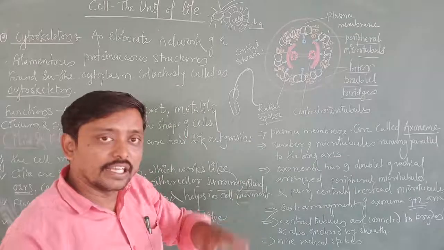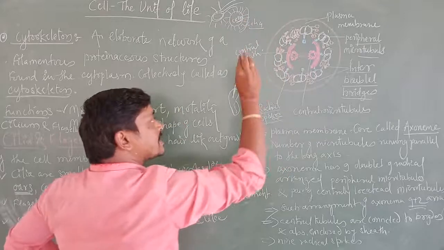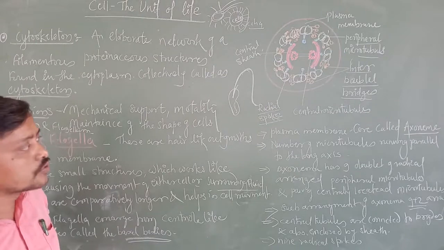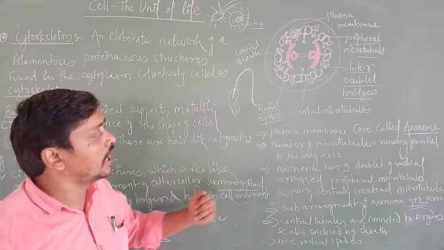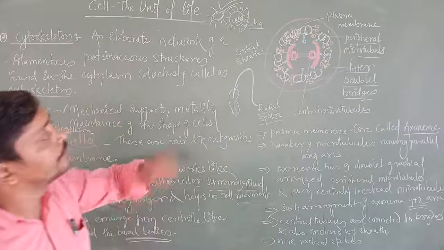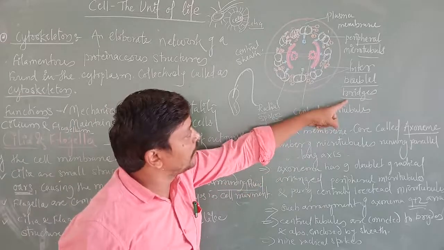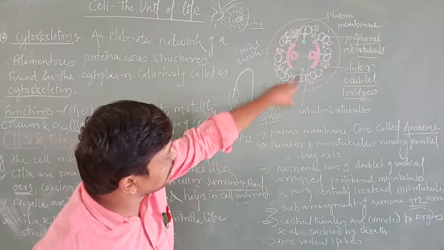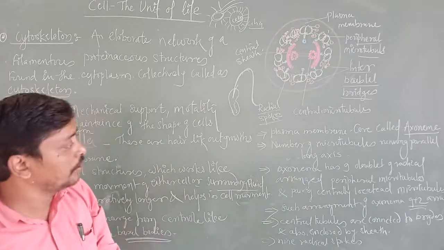So earlier I explained to you, the section of cilia and flagella is covered by the plasma membrane, and that core is called the axoneme. The microtubules are arranged parallel along the axis, and here the axoneme has 9 doublets, in which you find the peripheral microtubules, and in the center you get a pair, 1 and 2, a pair of central microtubules.